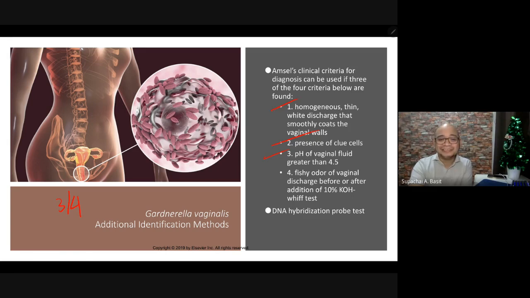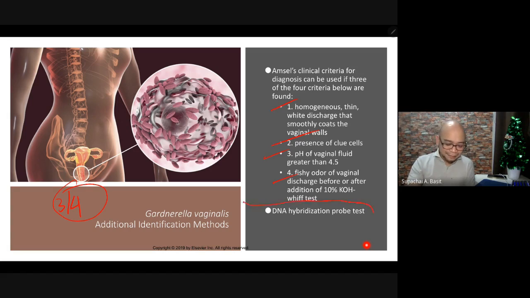And of course, the fishy odor of the vaginal discharge before or after the addition of 10% potassium hydroxide, the whiff test. Unfortunately, we have to smell it. So it has to be a fishy odor. So 3 out of the 4 criteria.